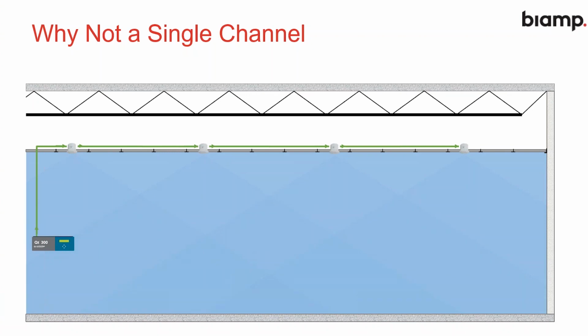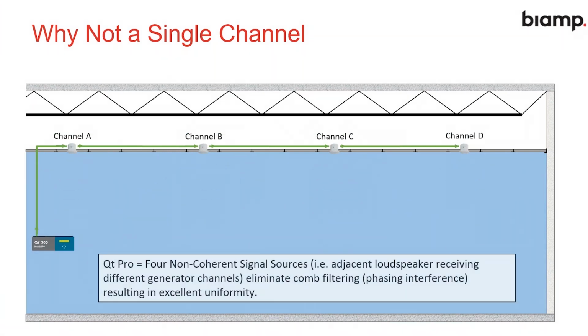They're all non-coherent: channel A, channel B, channel C, channel D, all coming out of the same controller, whether it's the 100, the 300, or the 600. The emitters do not need any selection to choose the channel. It's all done automatically, so every emitter is identical. It just depends on how we wire the systems together. So this is why it's important to note that we have four channels coming out of the controller.